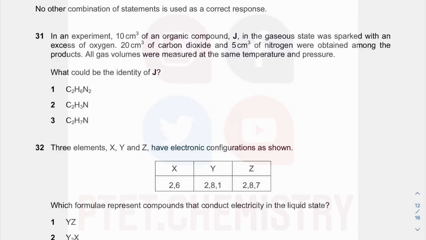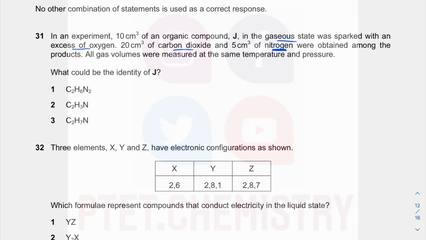So question 31, if I check number 2 first. So what do we have? We have an organic compound in the gaseous state. You have excess of oxygen. You get carbon dioxide and nitrogen, not water, because all of these contain nitrogen atoms. So I give you nitrogen molecule among the products.